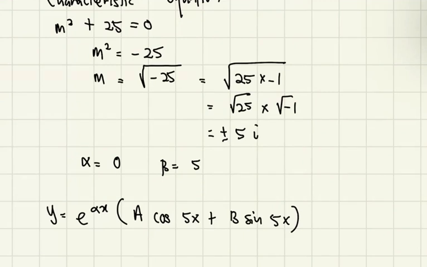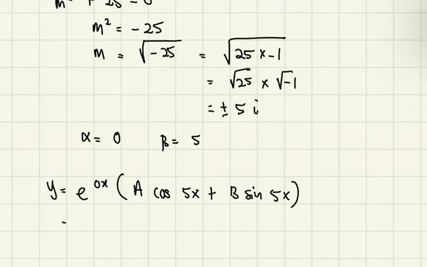Alpha is 0, sorry. So e to the power 0 is 1. So a cos 5x plus b sine 5x.